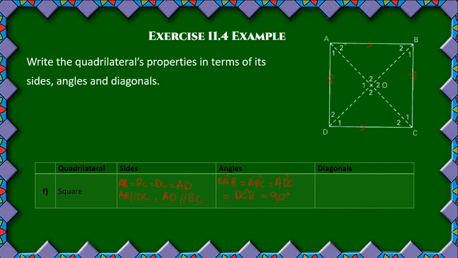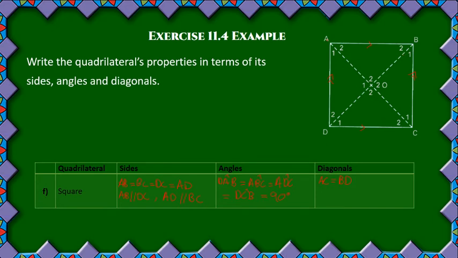Now, the diagonals are equal. So first of all, I'm going to say that AC is equal to BD. Those two are equal. And then also the diagonals bisect each other. That means that DB cuts AC in half and vice versa.